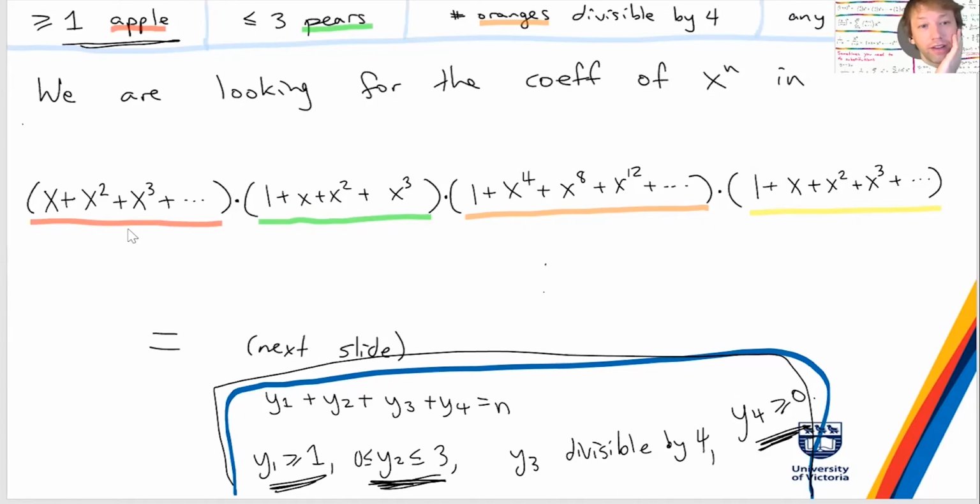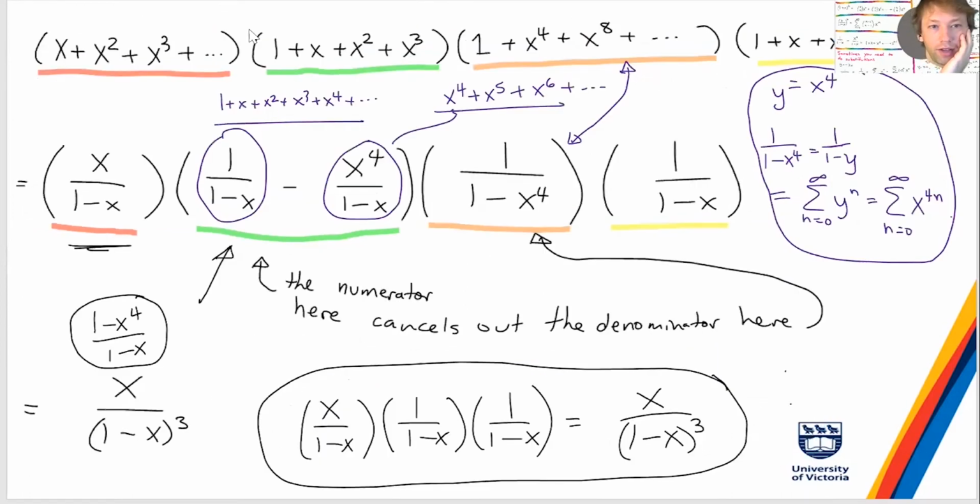You can do some substitutions, this trick here where you subtract things, this trick where you do a substitution, and this trick where you multiply by a power of x, and then just keep doing the algebra to simplify the coefficient of x to the n.